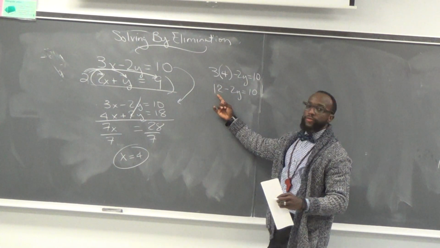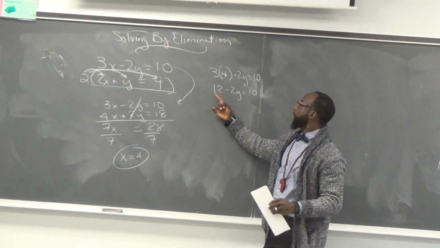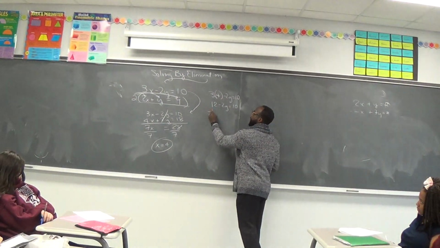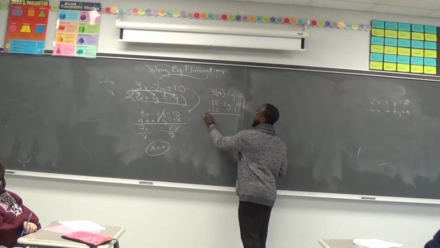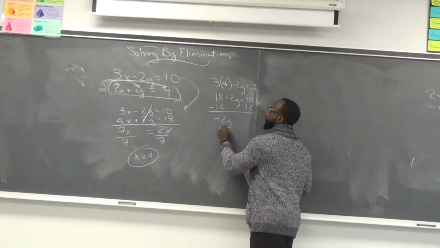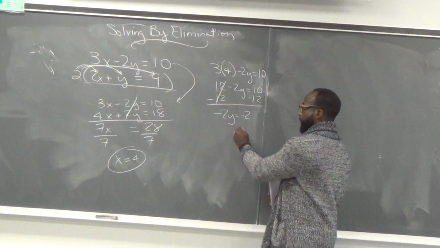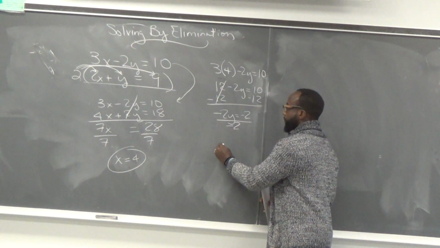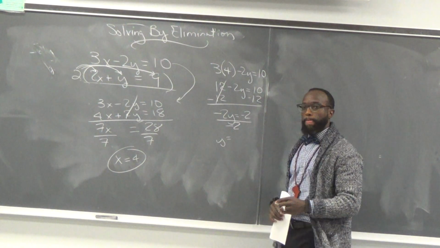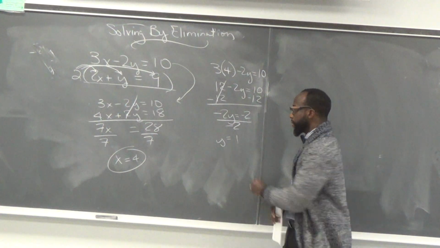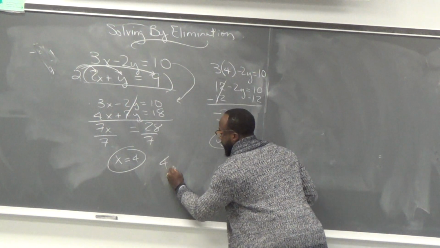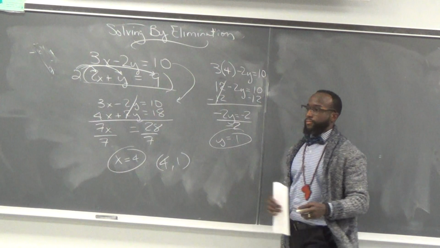Now we move this 12 over, so subtract 12 from both sides. We get negative 2y equals negative 2. Divide both sides by negative 2. So y equals 1, and your solution is (4, 1).